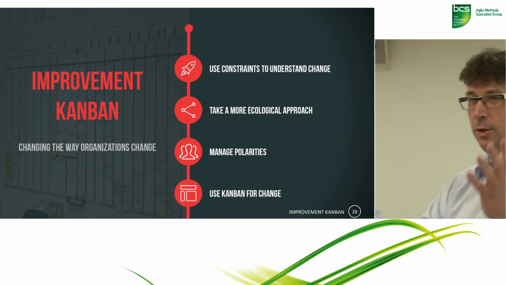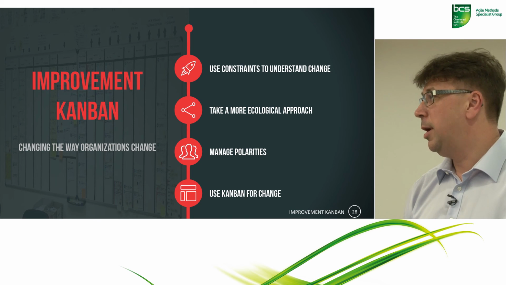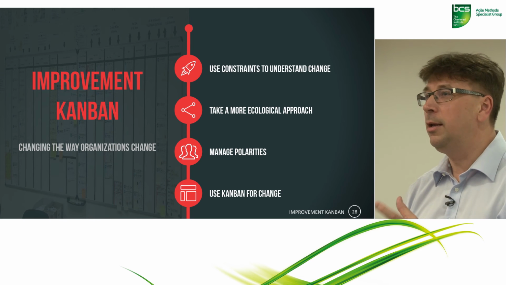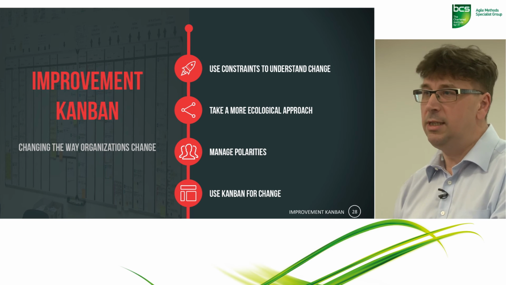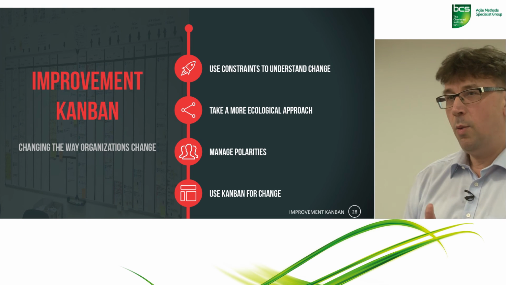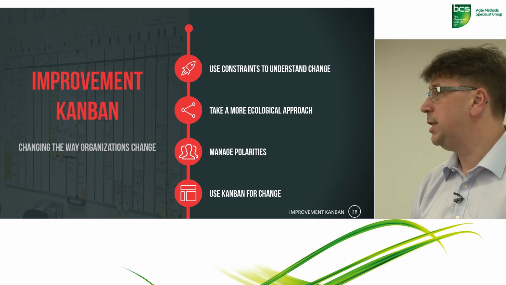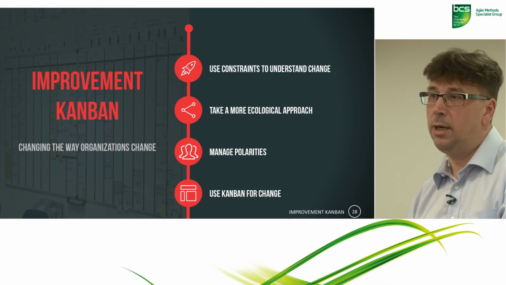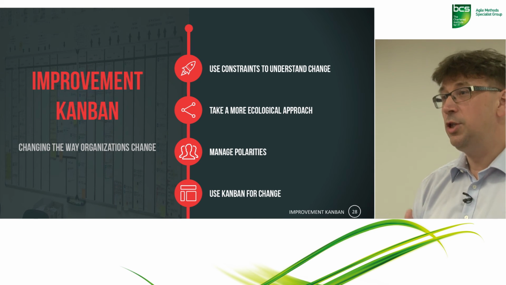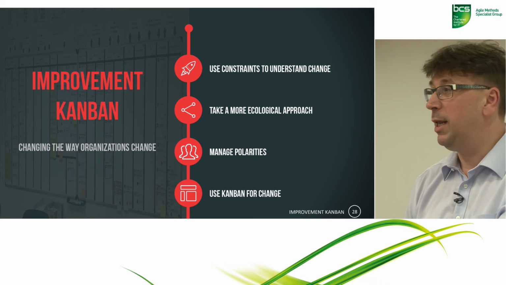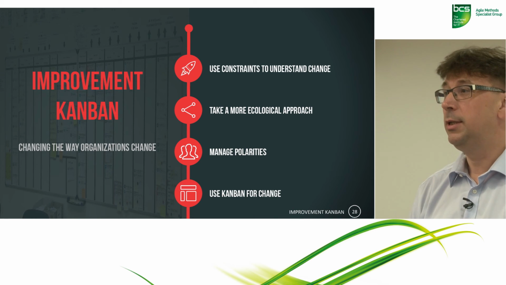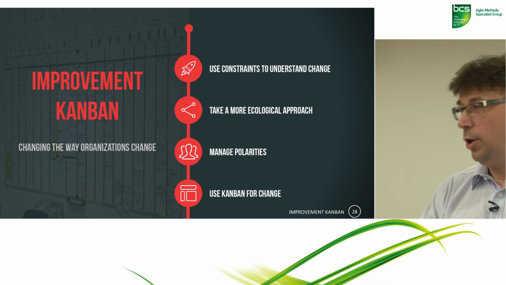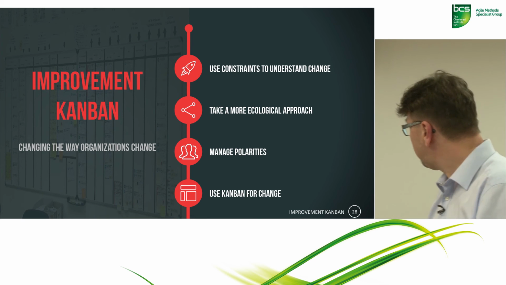So not just one size fits all, but really thinking about, at this point in time, with this team, with this organization, what is the best way to approach it? Maybe we need to do some plant change. Maybe we need to do some enabling here, stabilize the process, and then we can do some evolutionary change. So a more ecological approach is in order.